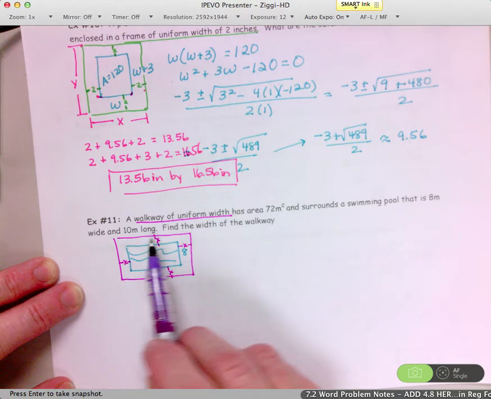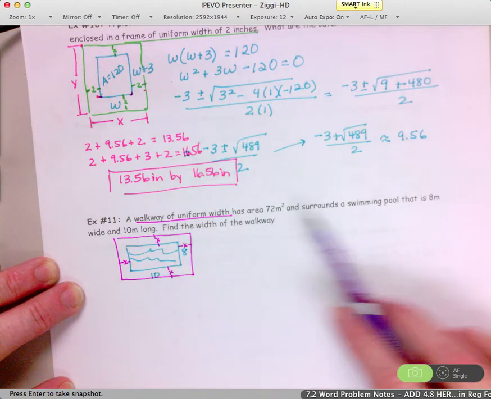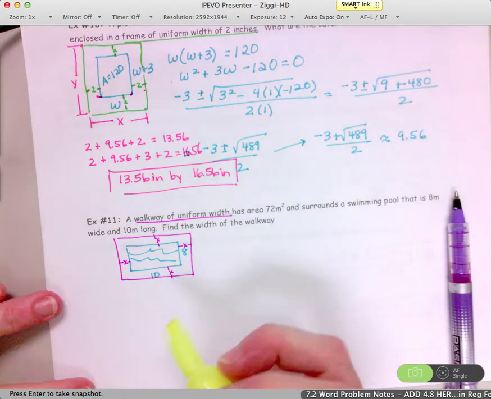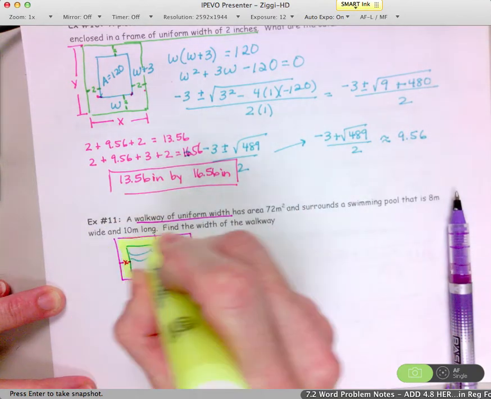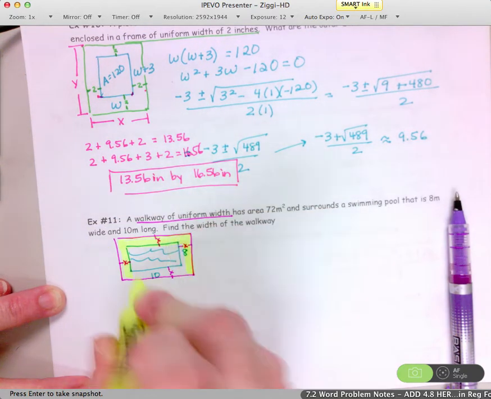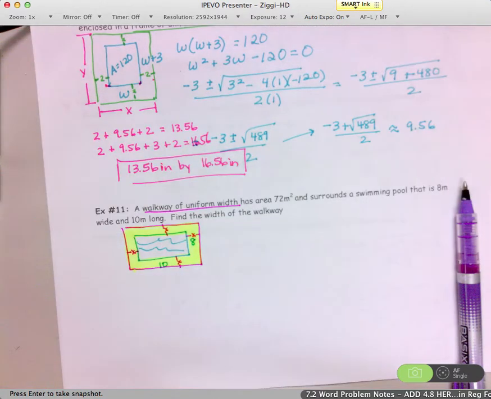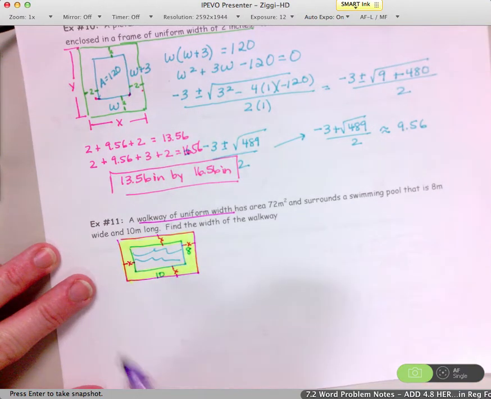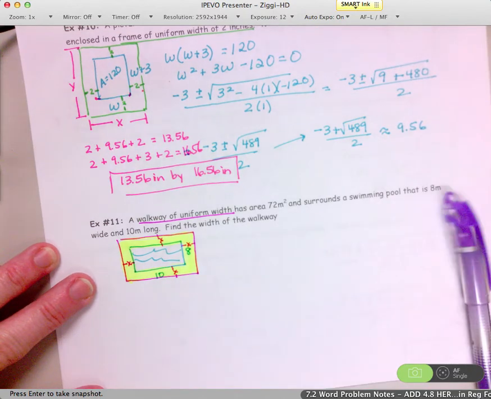So it says the walkway has an area of 72 meters squared. When they say the area of the walkway, they actually just mean this part I'm highlighting in yellow. So what do we know about that area in there? Not a whole lot just yet. What do we know about this?